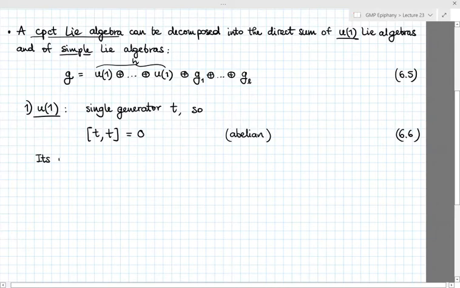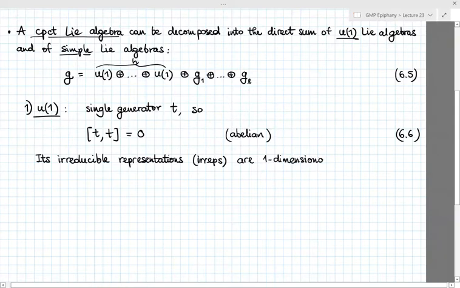Its irreducible representations, which I'll simply call irreps from now on, are one-dimensional, and they are specified by an integer called the charge. So the generator will be equal to Q, where Q is called the charge. So we'll call this the charge Q representation of U1. And then this integer, if you want to be precise, multiplies the identity.